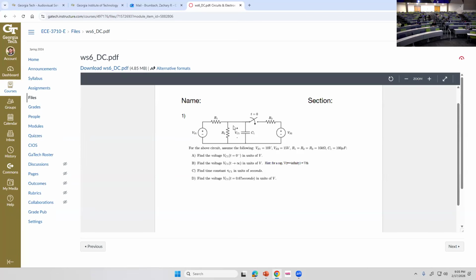There should be a problem like this on one of the previous exams. I'm not sure where it is, so I'm just pulling this up for right now. On the EX page, are there any practice exams? I think that got posted. Okay, so I'll just show this here.